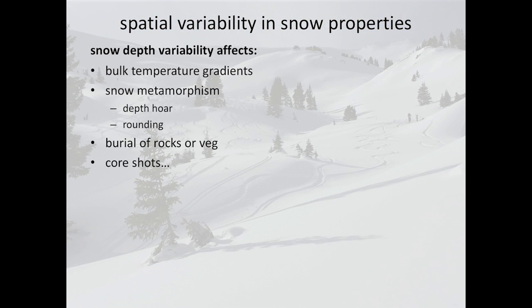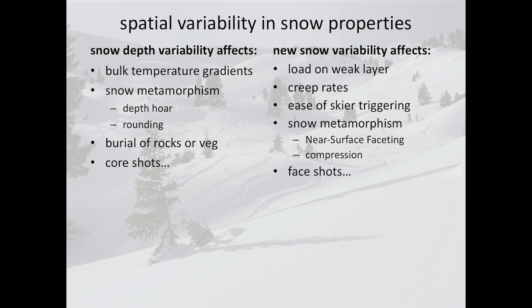And that can be important because the total snow depth of the snowpack affects many things. This is far from a complete list, but things like bulk temperature gradients and snow metamorphism, whether you get depth hoar, or how fast individual layers round, how deep rocks or vegetation are buried, and therefore core shots. New snow variability, so the thickness of the slab affects the load on the weak layer.